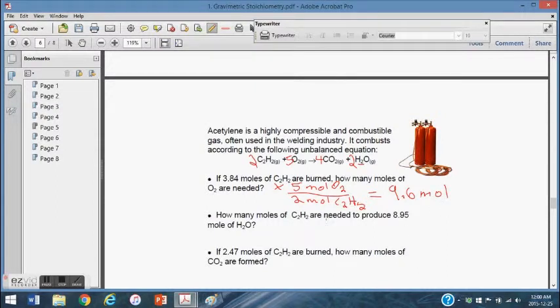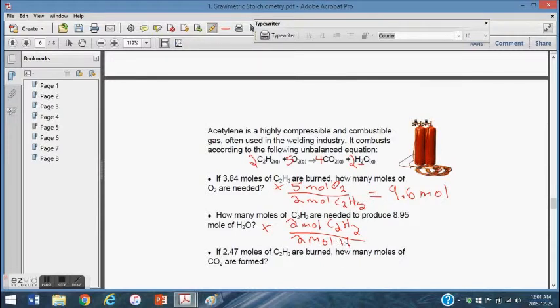And look at this going the other direction as well. How many moles of C2H2 are needed to produce 8.95 moles of H2O? So, okay, I've got 8.95 moles of H2O times 2 moles of C2H2 per 2 moles of H2O.